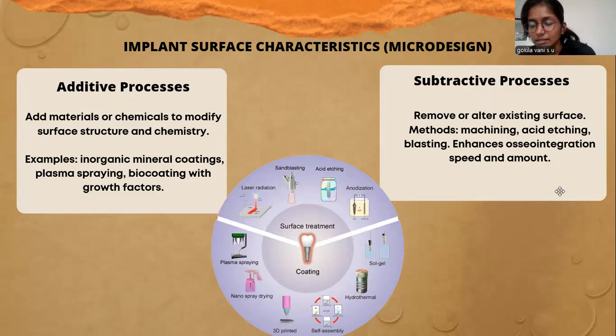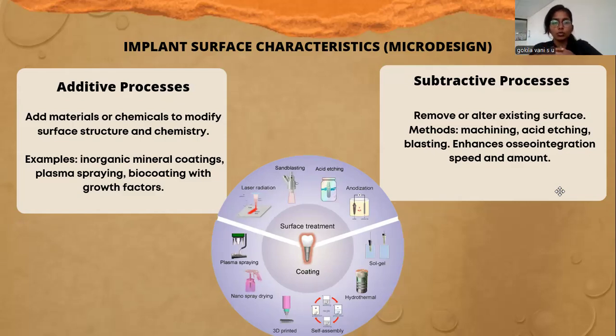Implant surface characteristics. As I said previously, osseointegration is considered the success of implant therapy. It has to be completely osseointegrated. So, to increase osseointegration and to increase the surface area of the implant, we have many implant surface treatments, which include additive procedures and subtractive procedures.